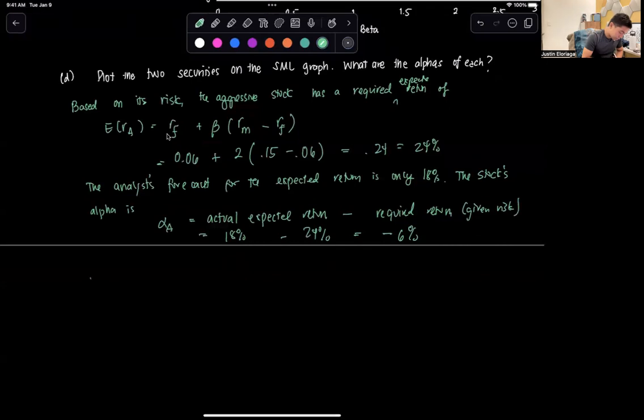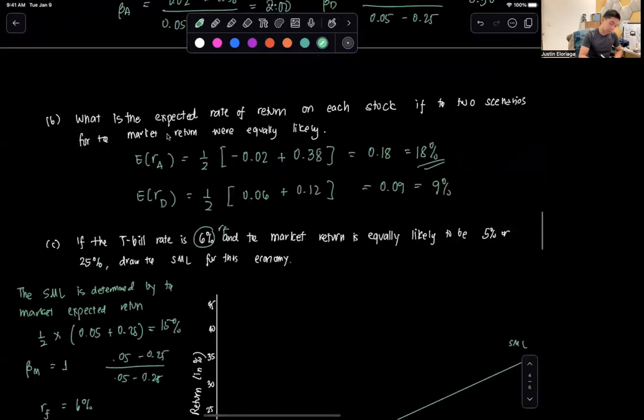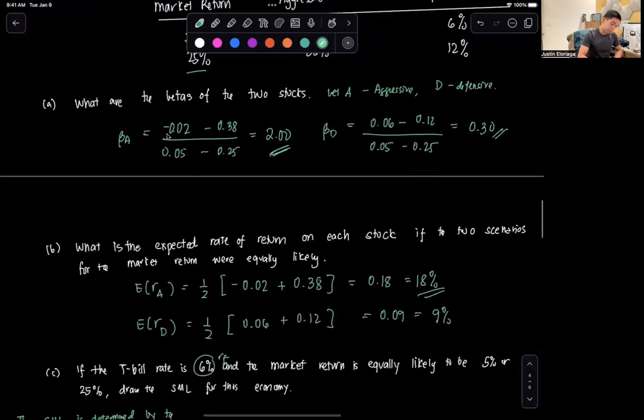So similarly, for the defensive stock, we use the same formula, expected value RD is equal to RF plus beta times RM minus RF. But recall our beta now is going to be 0.3. That's what we computed here, 0.3.